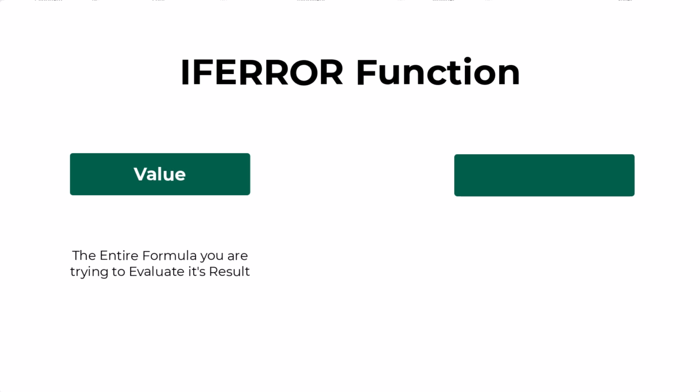This function works with all types of error. It doesn't matter whether you get #N/A or #NULL! or divide by 0 or anything else, or any type of formula. So the first part here is the value. You will put here the formula you need to check and test its result. Then the second part is the value if error.